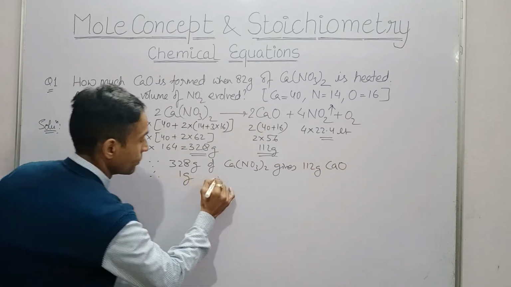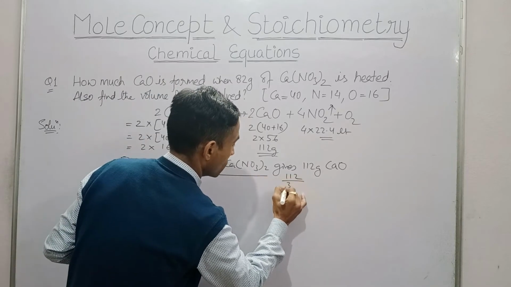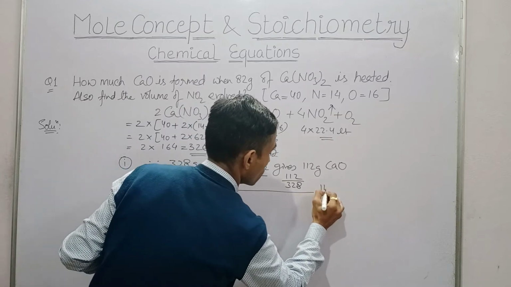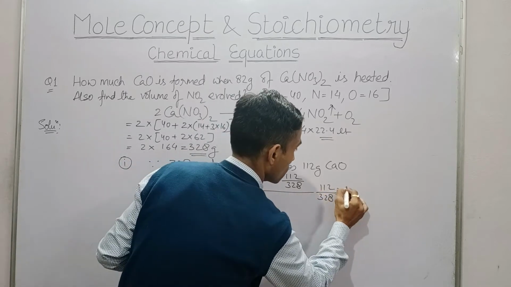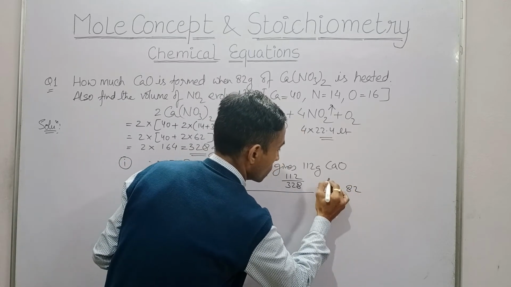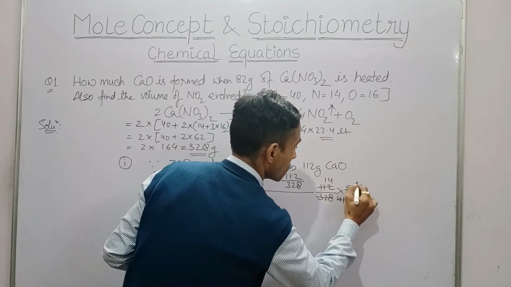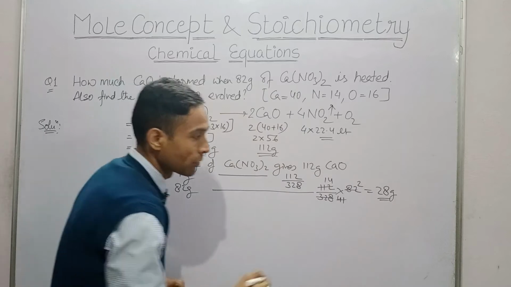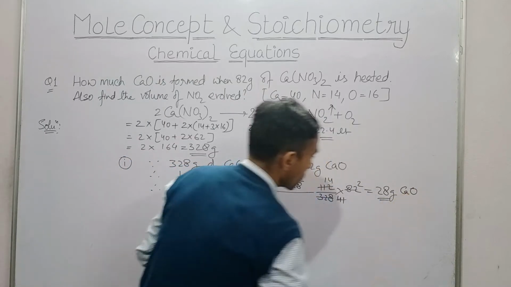Therefore 1 gram, and therefore 82 gram, so 82 gram of calcium nitrate gives 28 gram of calcium oxide.